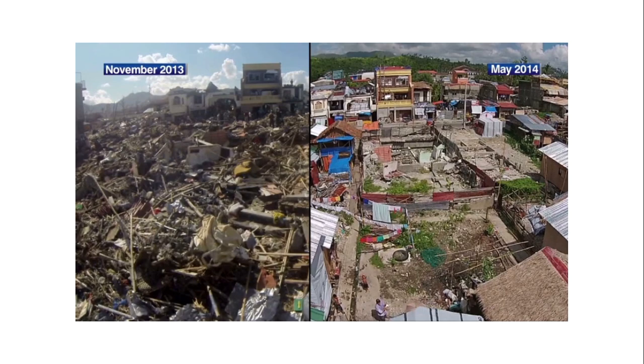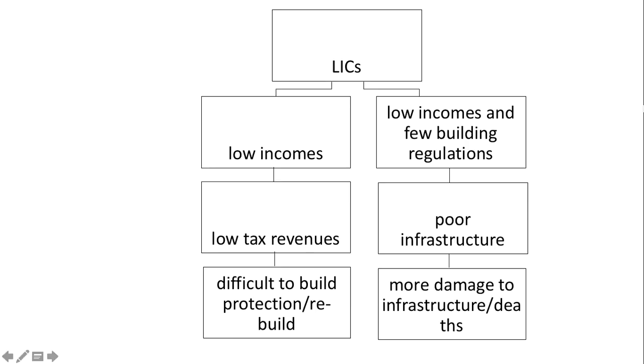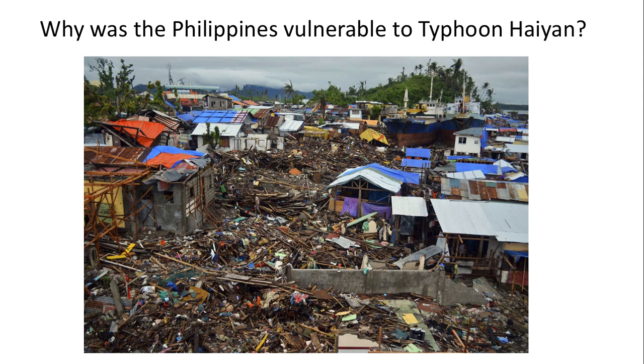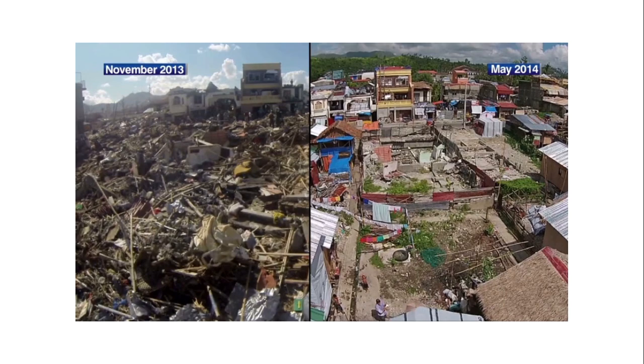If another typhoon was to hit the Philippines, that infrastructure is going to get damaged again because they've not been able to rebuild it to a standard where it's going to be able to protect people. And that's because they've got low incomes and few building regulations. So it becomes a vicious cycle. Once you get one extreme weather event, you're unable to recover, then you get another one because they're becoming more frequent, and you're unable to recover, and the situation gets worse and worse.